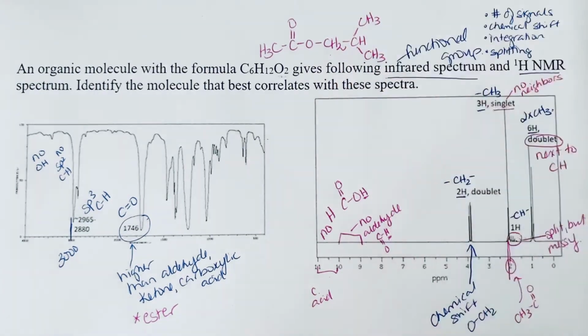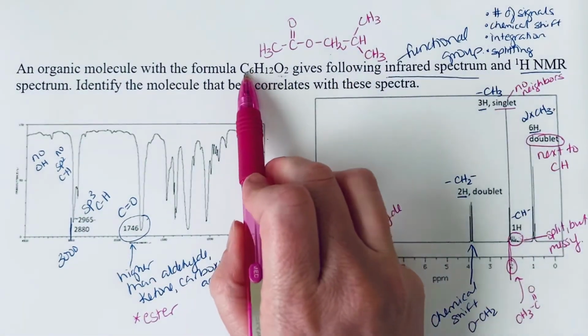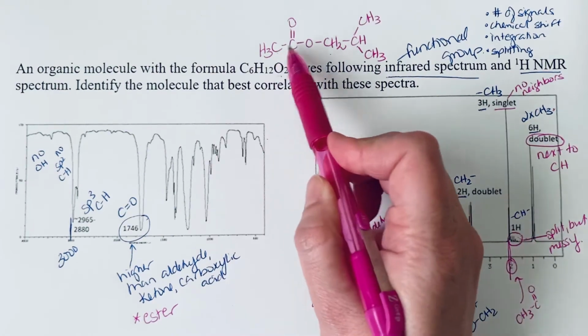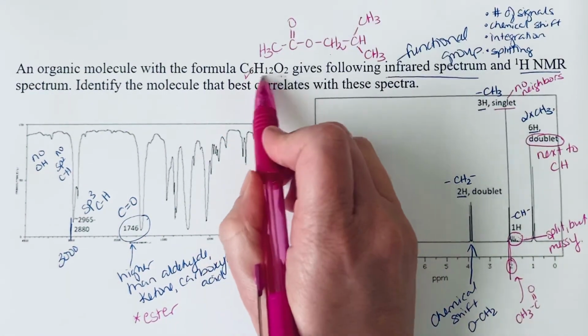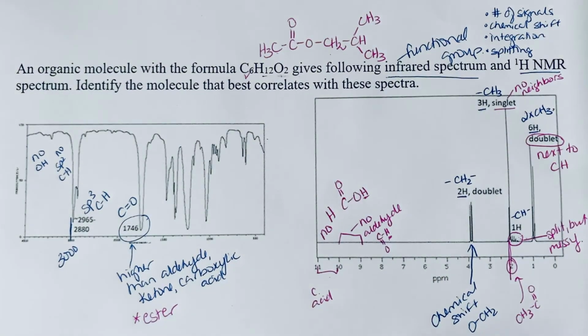So now we have actually accounted for, let's make sure it fits our molecular formula. So 1, 2, 3, 4, 5, 6 carbon atoms. And we want to make sure we have all 12 hydrogens, which we should have because they were all represented in here, right? We have 6 and 1 is 7 and 3 is 10 and 2 is 12. And we place those all in the molecule. And then of course we have those 2 oxygens.